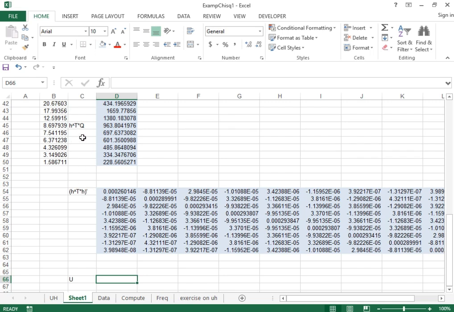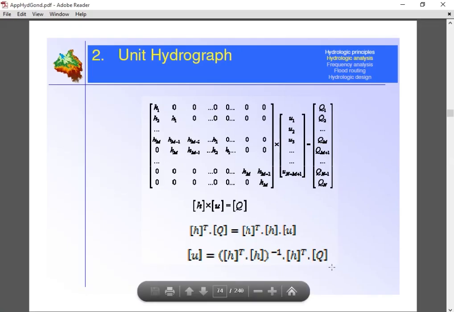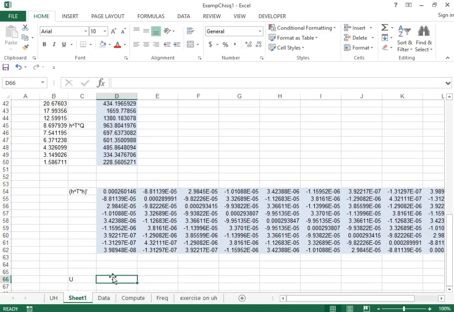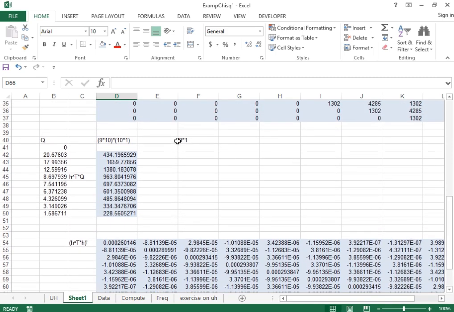Here U is H transpose times H inverse, times H transpose, times Q. So let us multiply that value. Actually, this one is a 9 by 9 matrix, and the other is a 9 by 1 matrix.